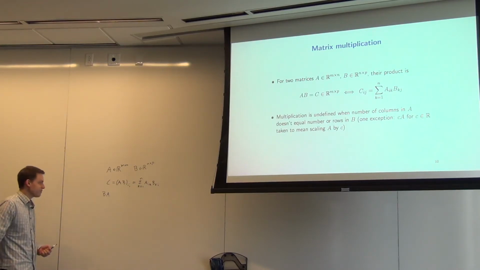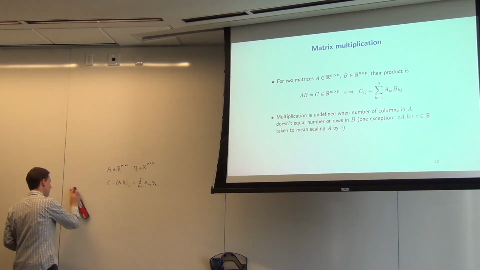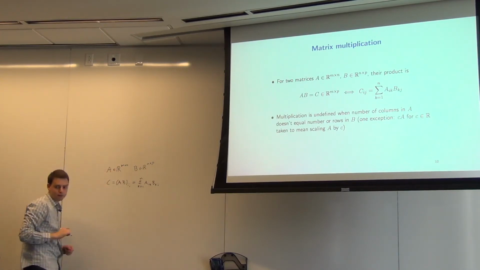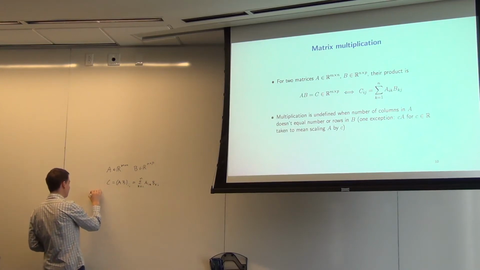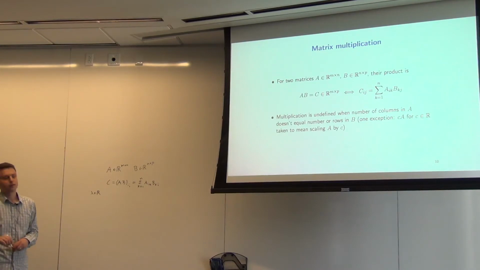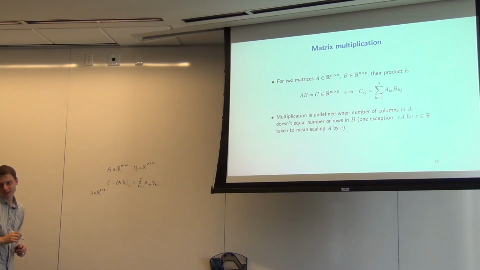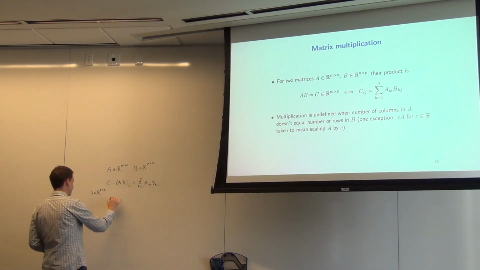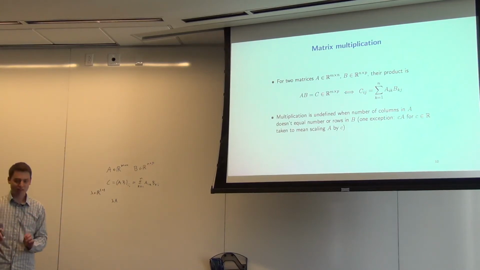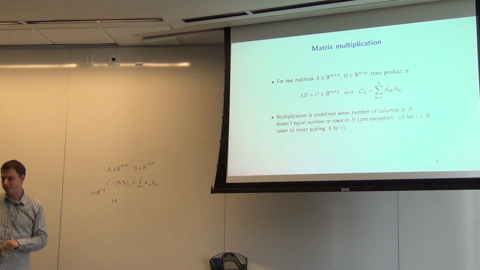As with all things, there is one exception to this. The one and only exception is if you are multiplying by a scalar. If A is this matrix here, and lambda is a scalar value, which is really a 1 by 1 matrix, it is OK to write lambda times A. That implicitly means we are taking every element of A and scaling it by lambda.